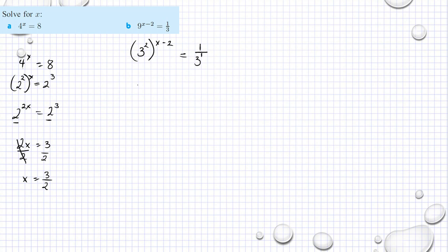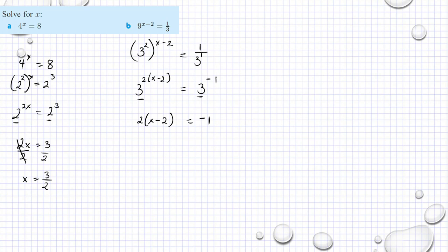Okay, so we have 3 raised to, we multiply 2 times x minus 2, is equal to 3 raised to negative 1. Now we're ready. We write 2 times x minus 2, even in parentheses, is equal to negative 1. We have the same base already.